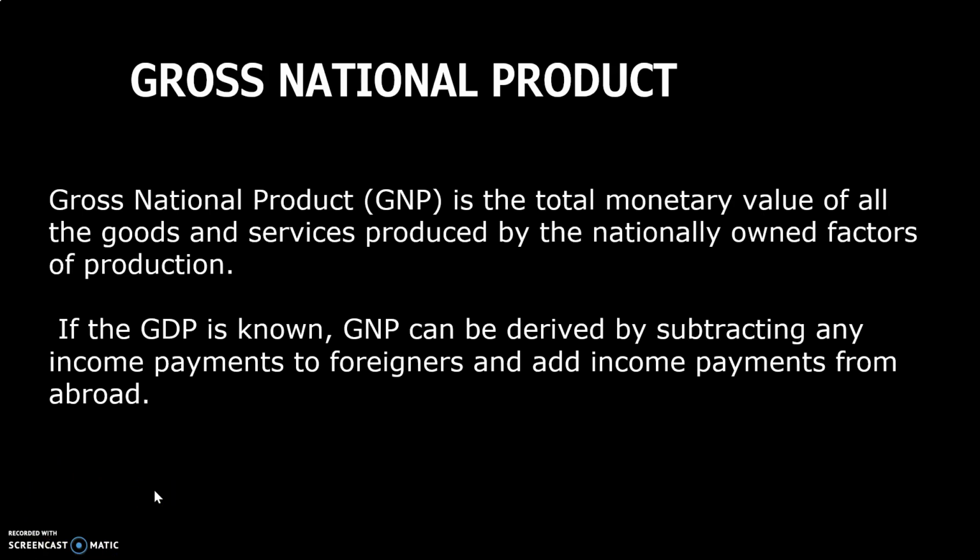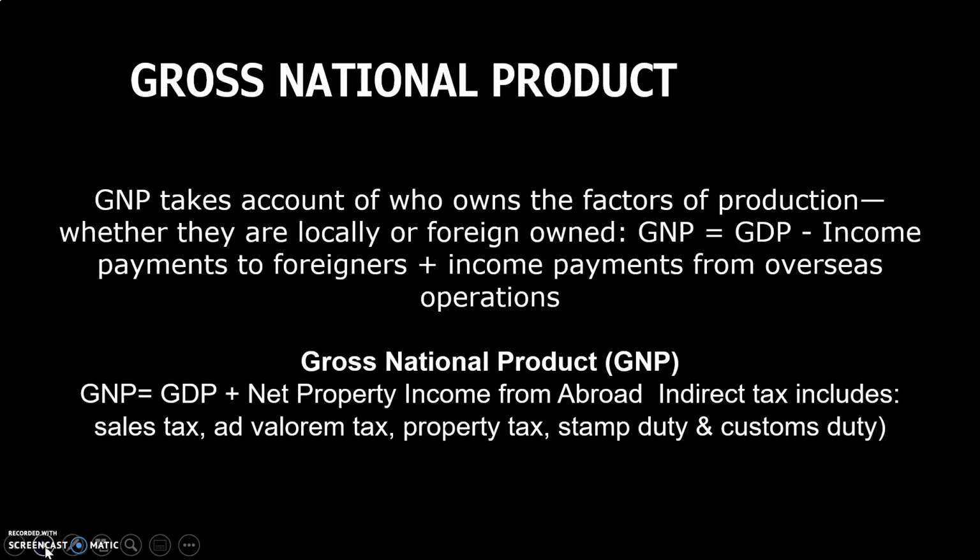Now, if you know the GDP, deriving the GNP is done by subtracting the income payments to foreigners and adding the income payments from abroad. So you do have assets locally that are owned by foreigners, so we have to subtract those income payments and then take into account our income payments from the factors of production that we own abroad. So remember, GNP is equal to GDP minus income payments to foreigners plus income payments from overseas operations.